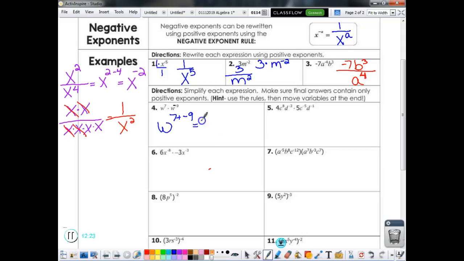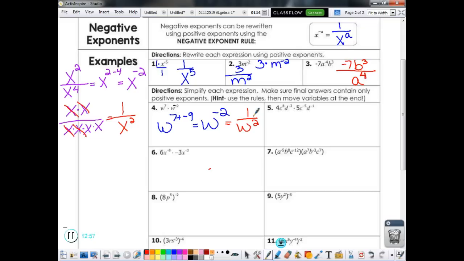Negative 2, right? W to the negative 2. But I cannot leave a negative in the exponent. I have to fix that. How do I fix that? What is the answer going to be? W squared, right? So in order to get rid of the negative, you keep the squared, you just put it on the bottom of the fraction. Does that make sense? Any questions?